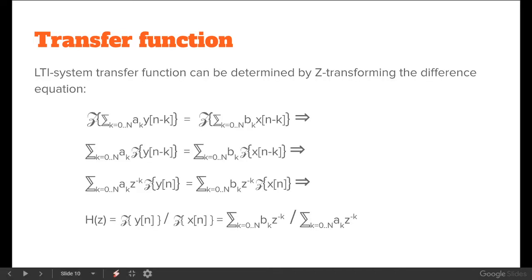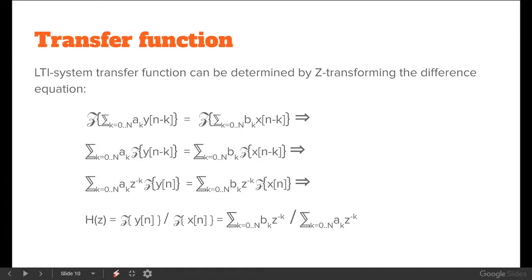Okay, but if we had a linear LTI system with given the difference equation, we can actually see from this that our system coefficients are actually exactly the same in time domain and frequency domain.